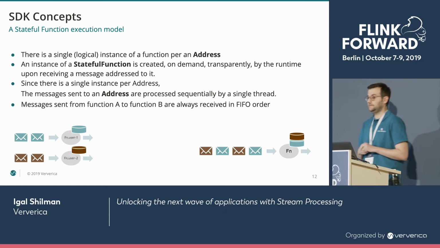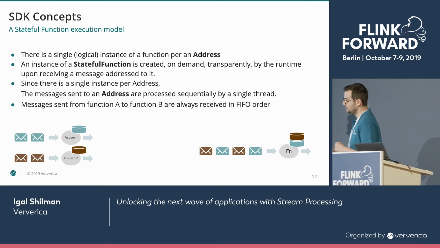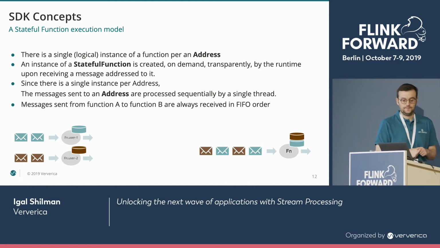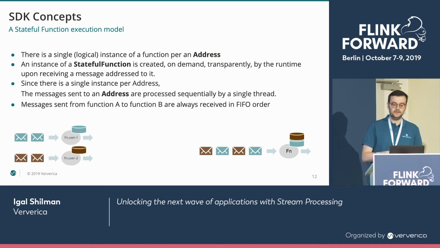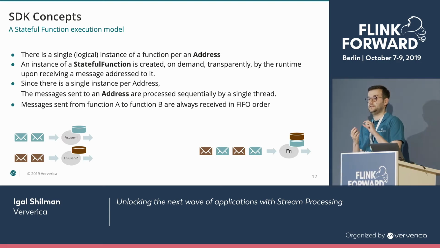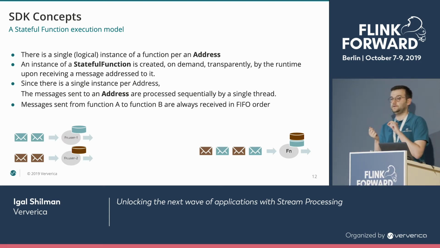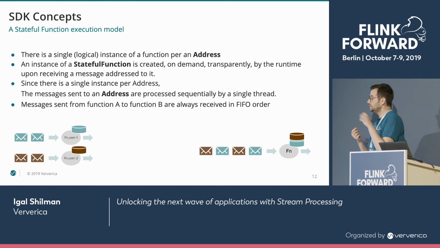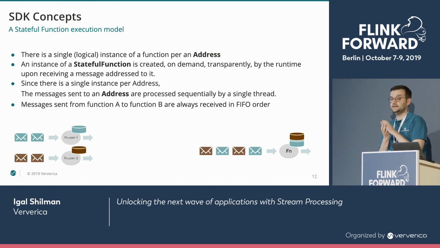We're not talking about a physical Java object that's allocated for each address. What really happens behind the scenes is that the runtime swaps in the correct state just before the invoke method is called on your stateful function type. And from the user perspective, it feels like you have a single instance.